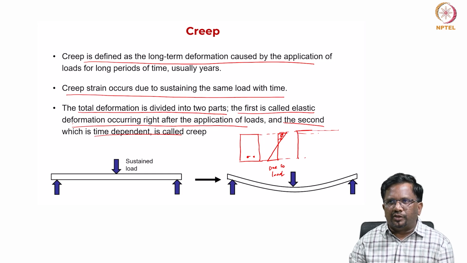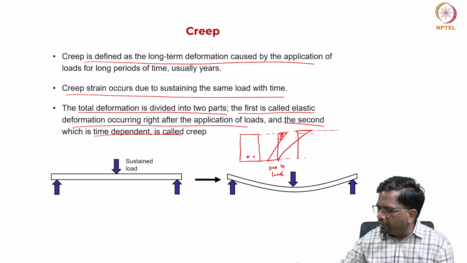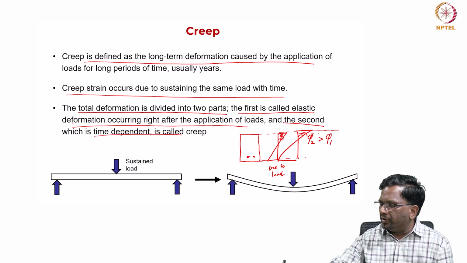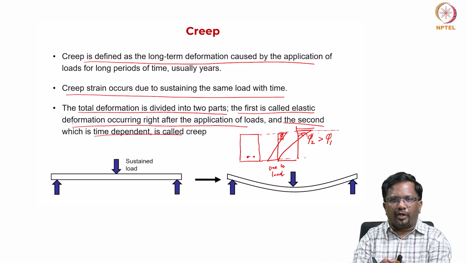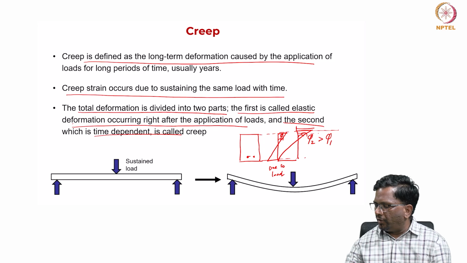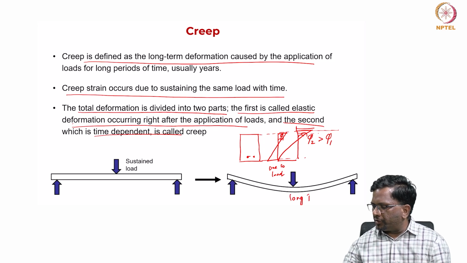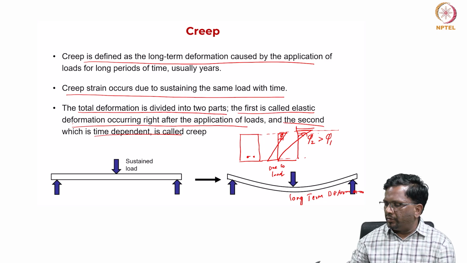If the compression side is undergoing more strain, this will try to push it like this. So, this curvature, let us say this is phi 1 and this phi 2 is going to be more than phi 1, because the strain at the top is going to increase more. To satisfy equilibrium, again there will be more tension in the bottom also. That is how we get this long term deformation.